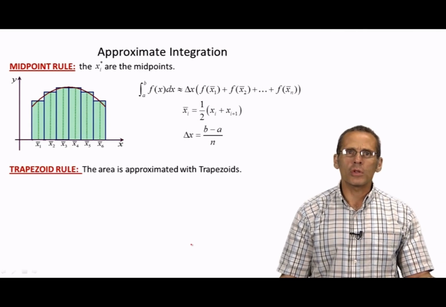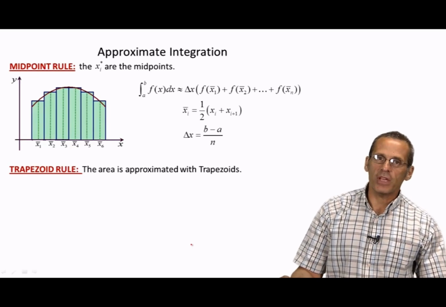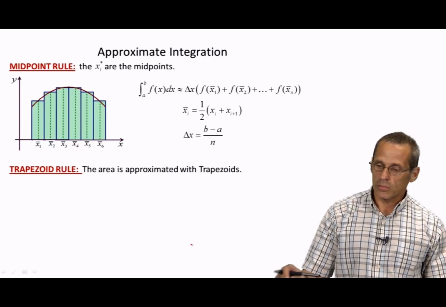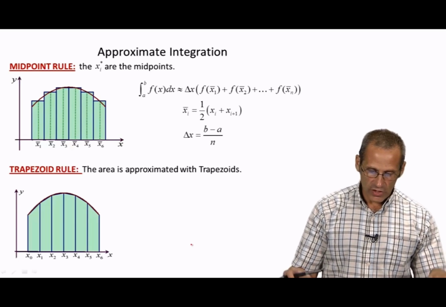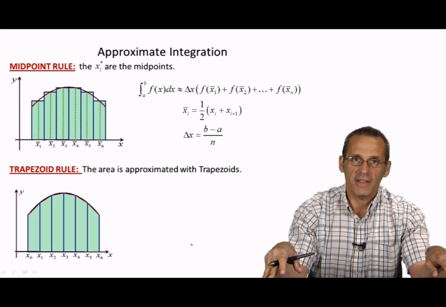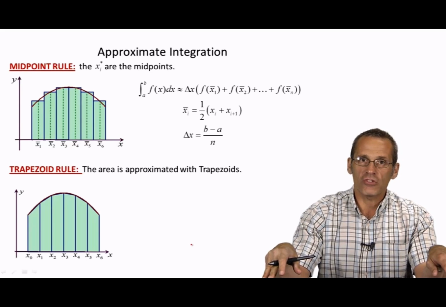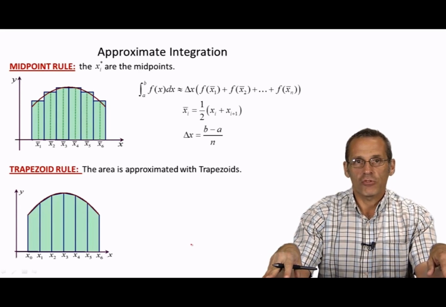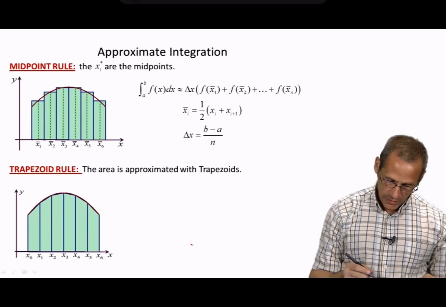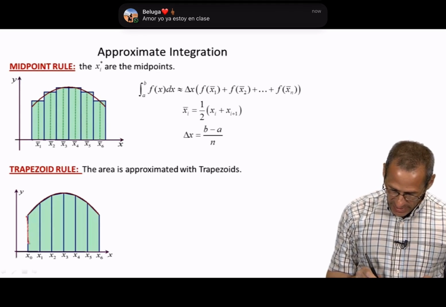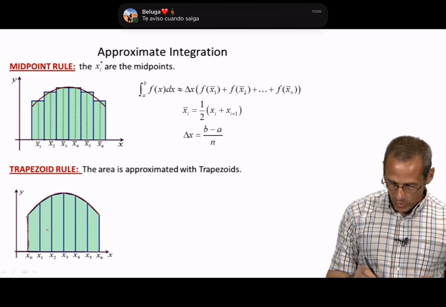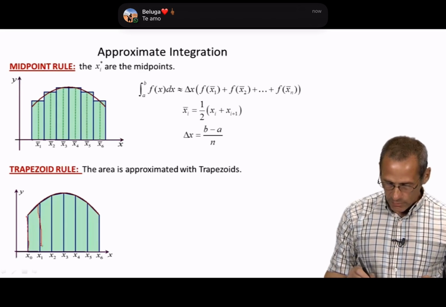The trapezoidal rule is found by summing up trapezoids. So when you take a look at a picture, what you notice is not a series of rectangles that are approximating the area of the curve, but a series of trapezoids. Recall the area of a trapezoid is 1/2 height times the sum of base 1 and base 2. If you look at the very first trapezoid, the base 1 is given by the left side of this trapezoid and base 2 the right side.